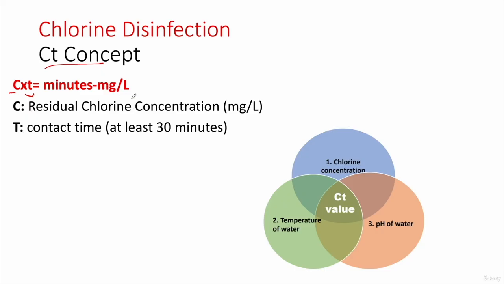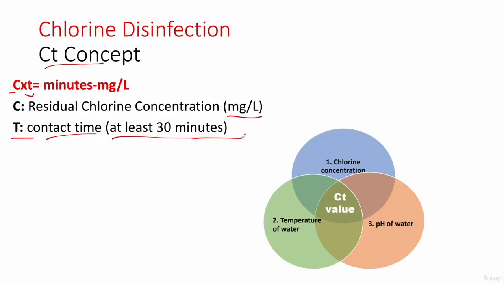How did I get this unit? C is actually the residual chlorine concentration. It is in milligrams per liter. And T is the contact time. It is in minutes, and we have already said that it has to be at least 30 minutes.